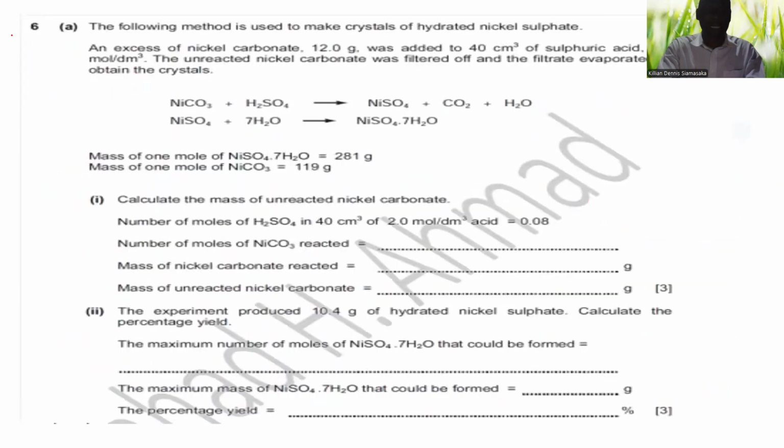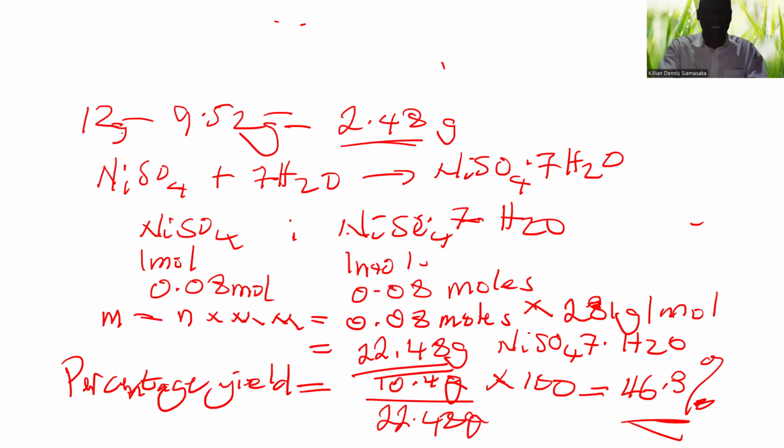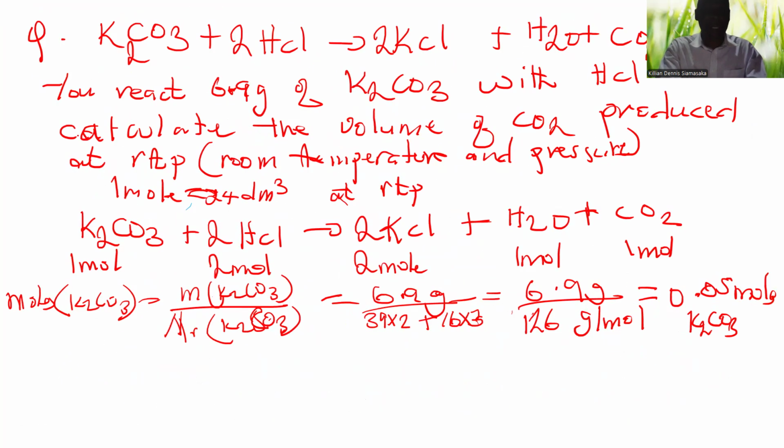This is the question. Another question is here as well. It shows how we can calculate the number of moles for each species which is reacting, and this is the calculation. And here is another question. You can see the question here, and then this is the calculation.